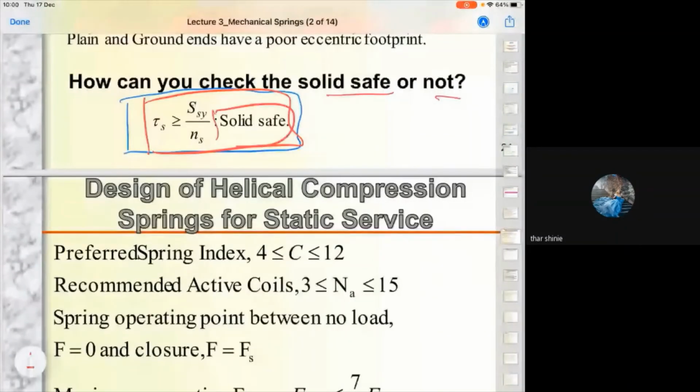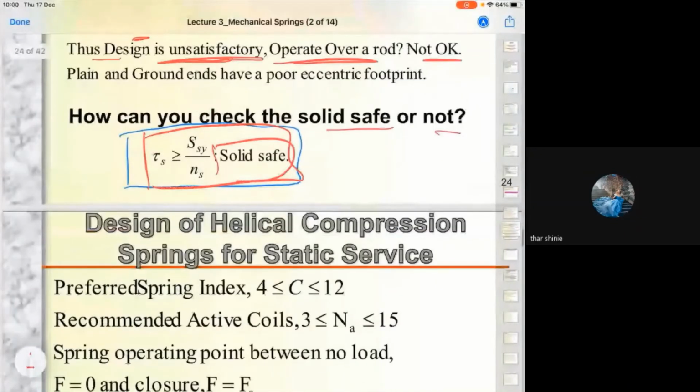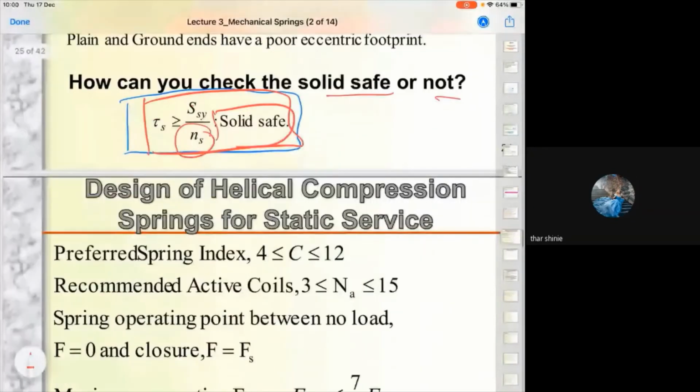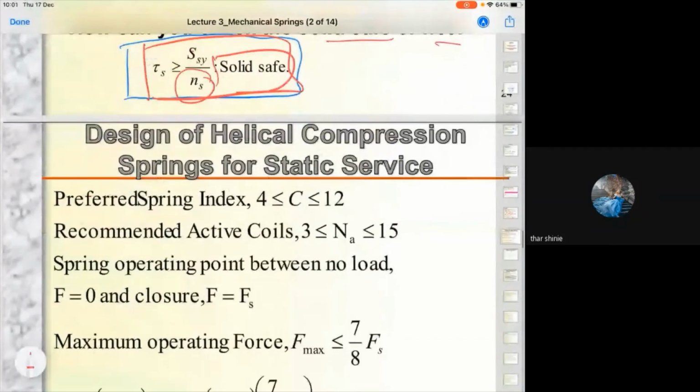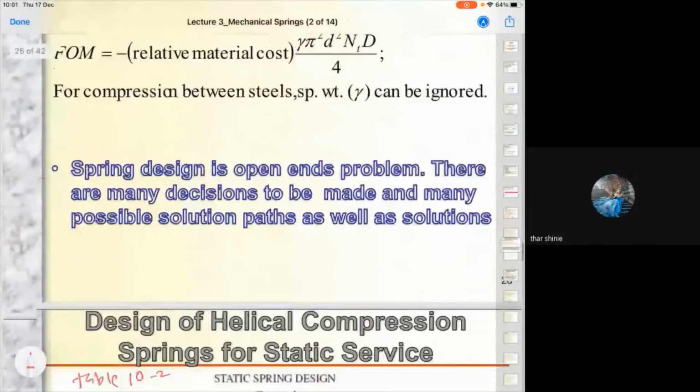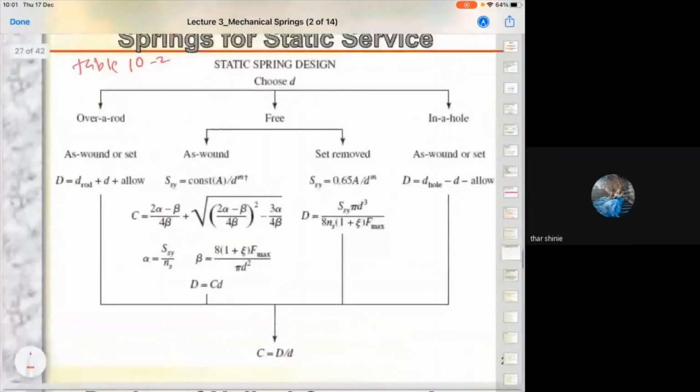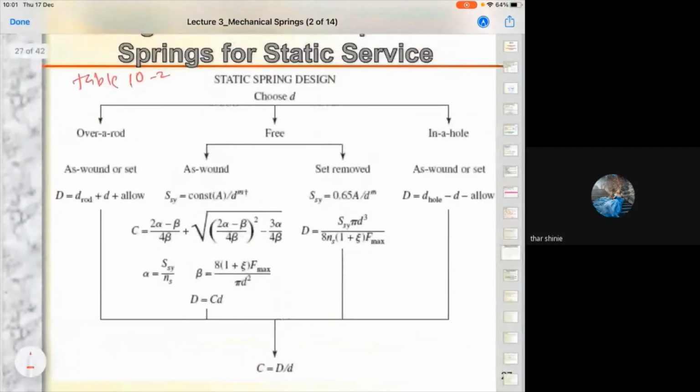Ini number NS. Okay, good question. NS is actually either we calculate or it is a standard tau. So standardnya kat mana? Ada dekat dalam table ini. Ini table berapa? Sekejap saya buka.